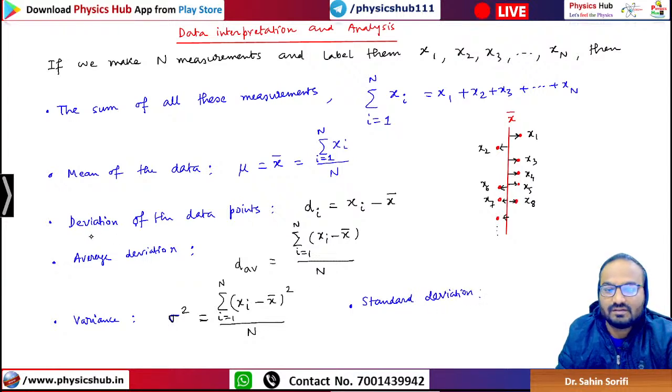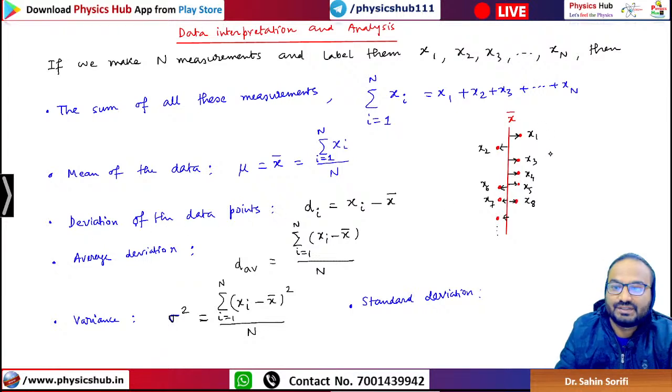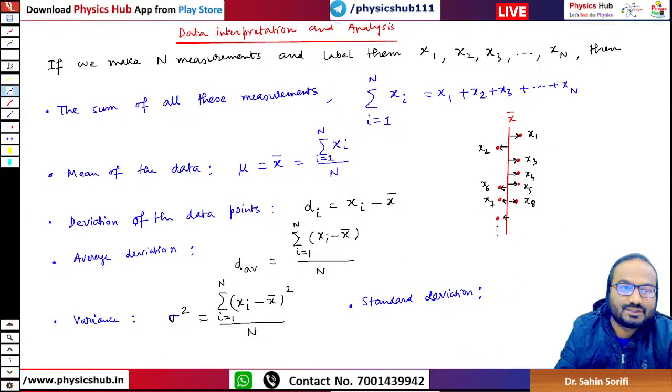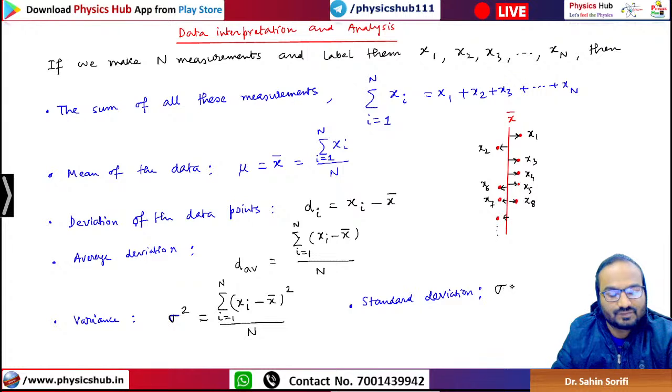Look, deviation is for each data point. Standard deviation is a single quantity defined for all the data points. Standard deviation is sigma, so you just need to remember it is the square root of the variance.